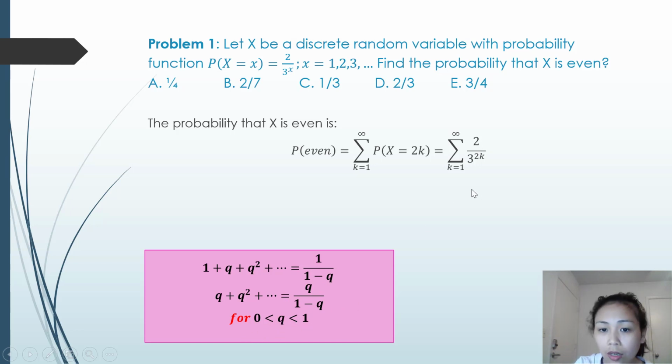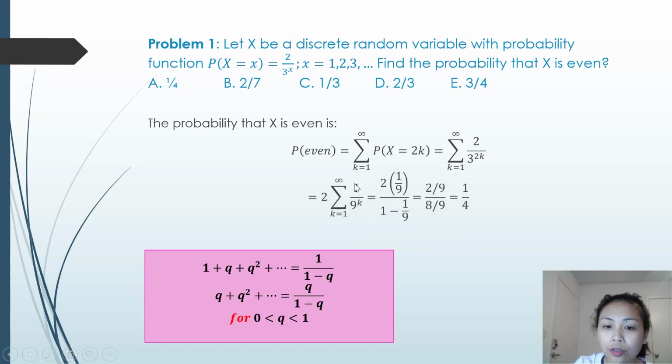Here you take the 2 out, and 3 to the power 2k is 9 to the k. So basically it's the summation of 1 over 9 to the power k. So 1/9 here is q, and we use the second formula because we start with q, not 1.